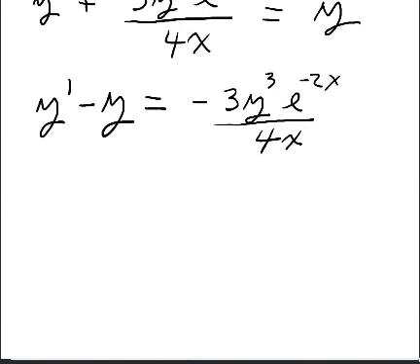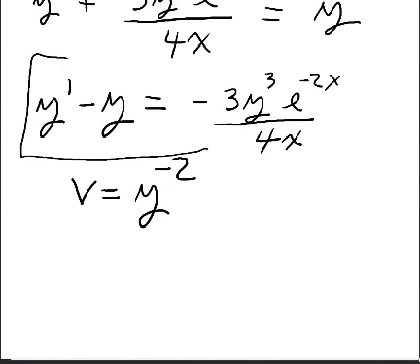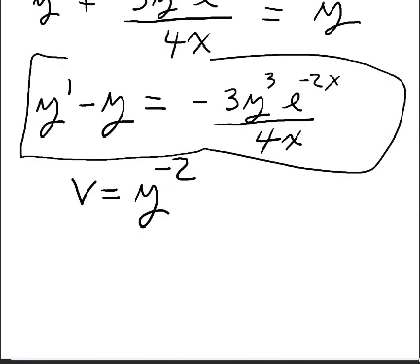And the technique that will work in this case is if we make the substitution v equals y to the minus 2 power. Now we're going to transform this differential equation into a differential equation in terms of v using the substitution. So this requires us to find, for example, y prime.